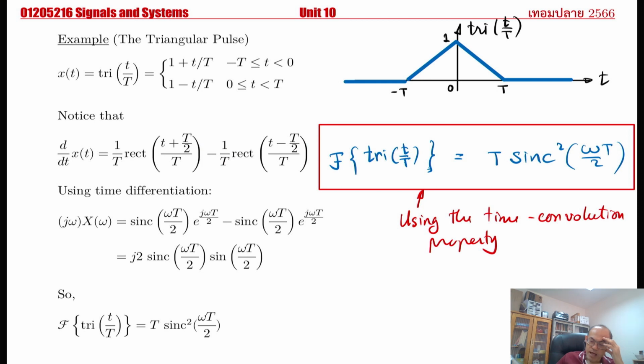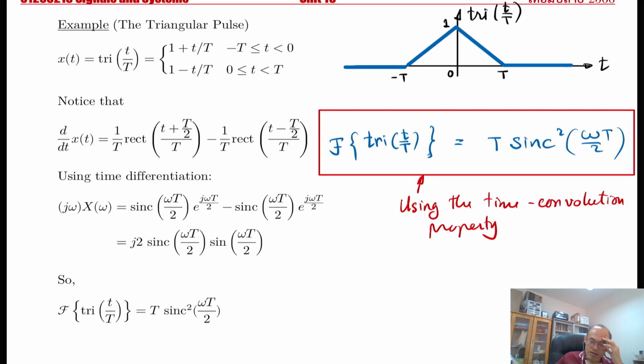Okay, and then this guy would be here and here. The slopes are this. Okay, and then we take the Fourier transform of both sides. On the left hand side, this is the Fourier transform of the derivative of x with respect to time, so it is j omega X. And on the right hand side, this is just the Fourier transform of the rectangular pulse shifted in time.